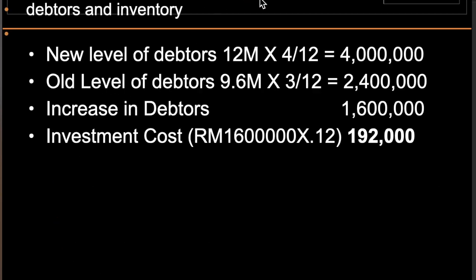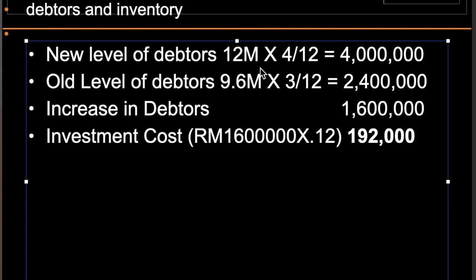Step 2 is to estimate the cost relating to increase in debtors and inventory. So the new level of debtors is 12 million, right? Our new level of credit sales, those are our debtors, definitely. So 12 million multiplied by 4 divided by 12.